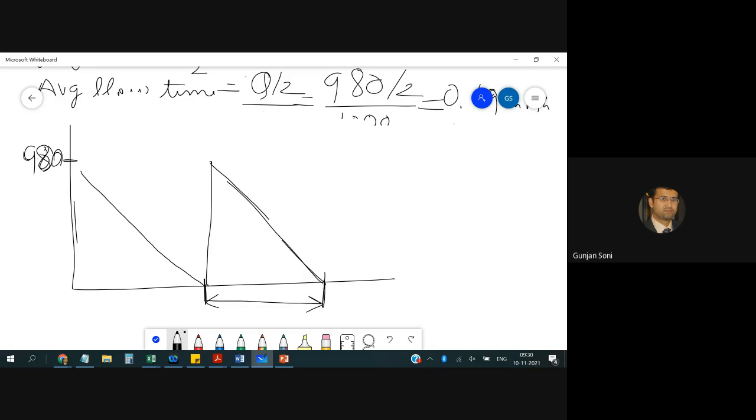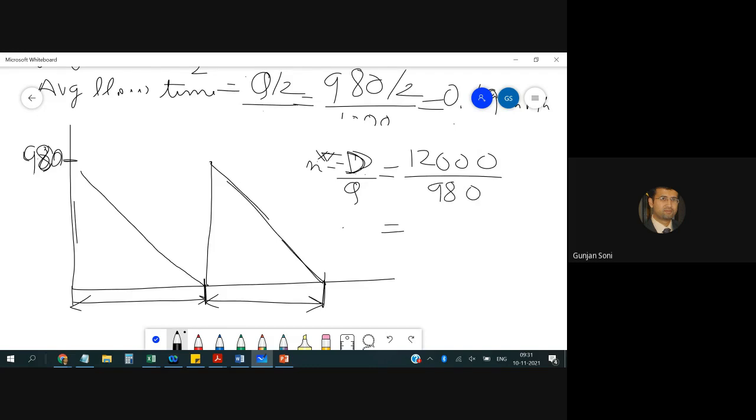Okay, now N star is D by Q. That is the frequency, or how many such triangles there will be in a year. So D by Q is 12,000 divided by Q, that is 980.